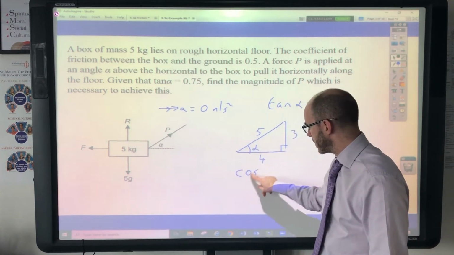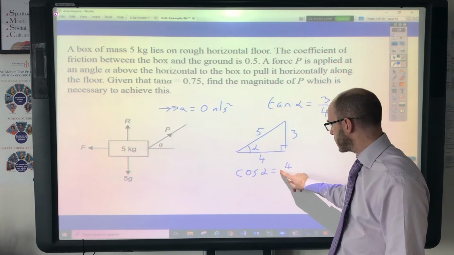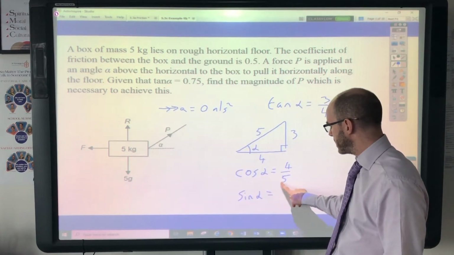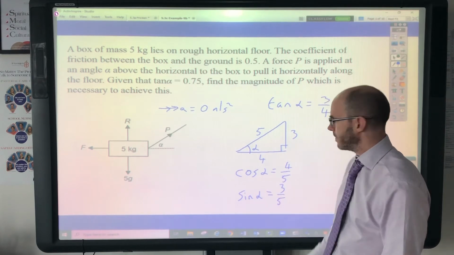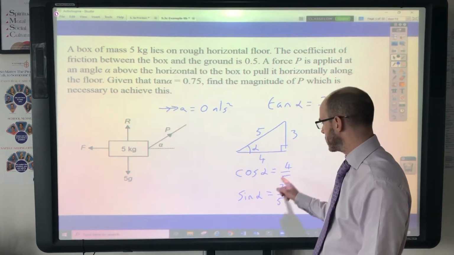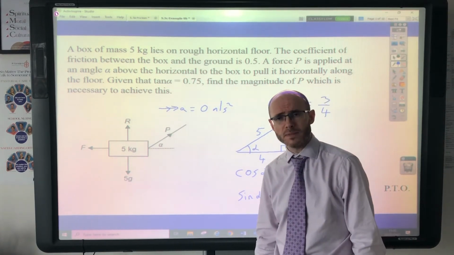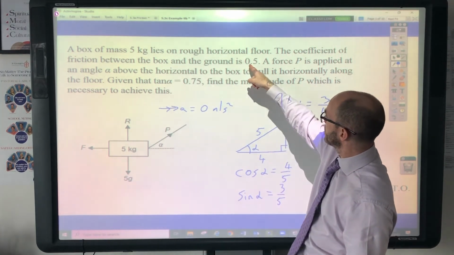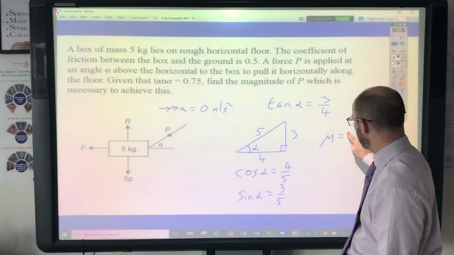Cosine alpha is adjacent over hypotenuse, 4/5, and sine alpha is opposite over hypotenuse, which is 3/5. Also, we're given the coefficient of friction, mu is 0.5.